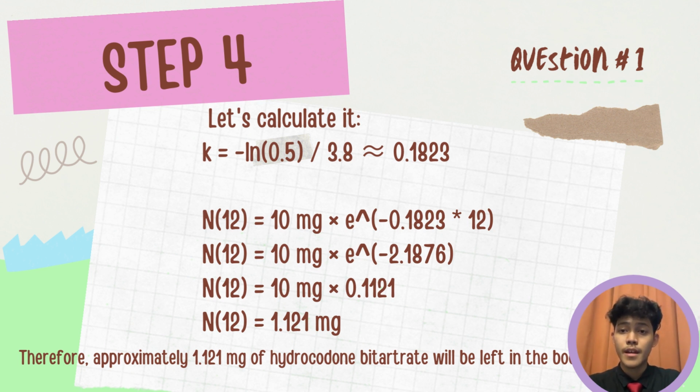Now N12 equals 10 mg times 0.1121. The final answer for N12 is 1.121 mg. Therefore, approximately 1.121 mg of hydrocodone bitartrate will be left in the body after 12 hours.